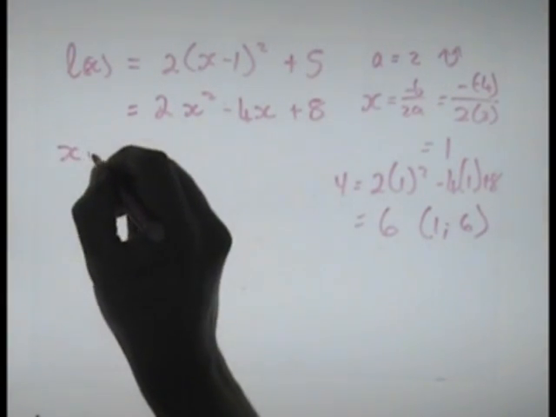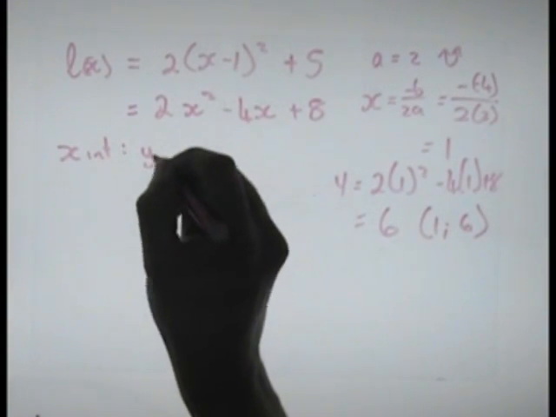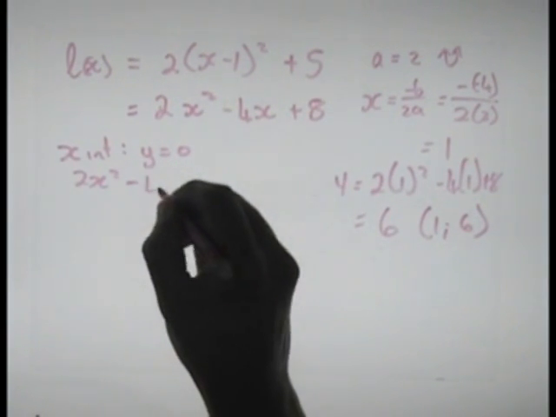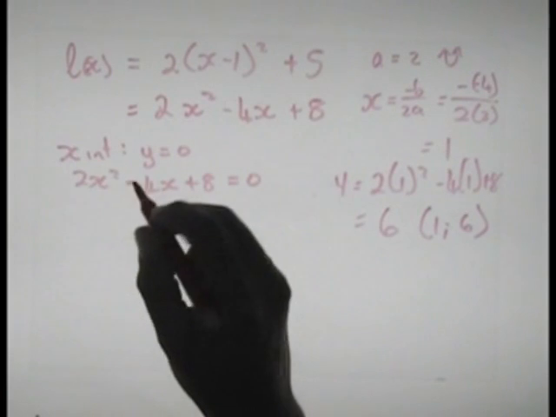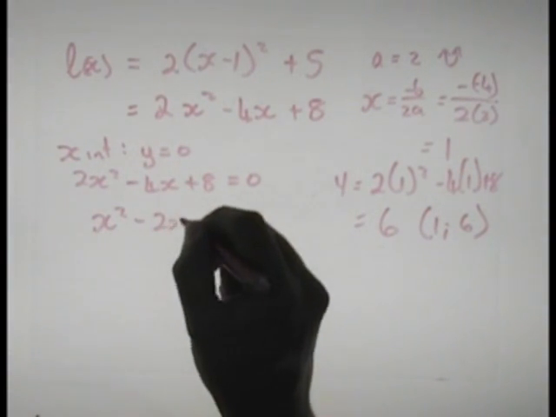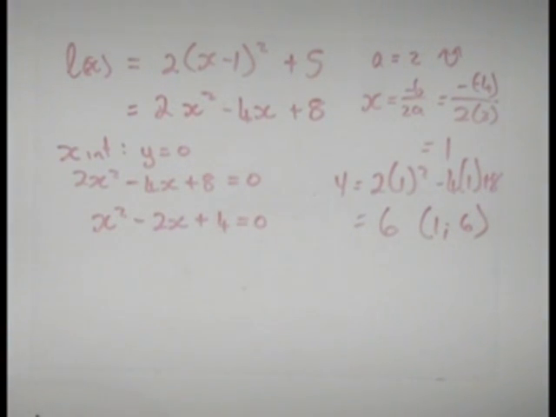X-intercept, notice how I'm writing all over the place. X-intercept is when y is equal to 0. That means that 2x squared minus 4x plus 8 is equal to 0. Take out a common factor of 2. That means that x squared minus 2x plus 4 is equal to 0.